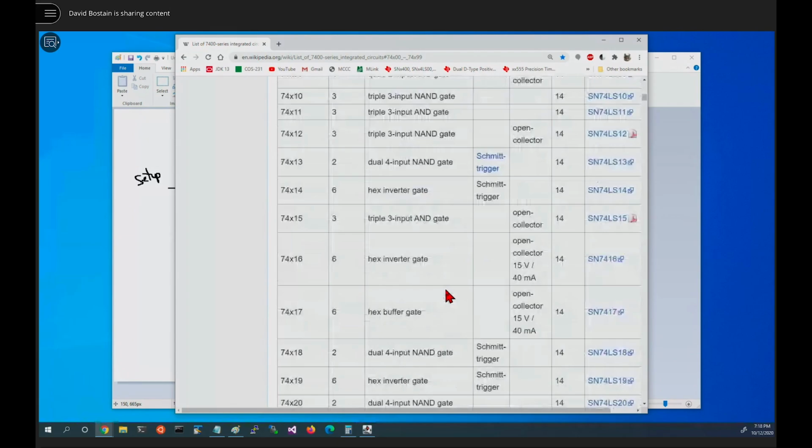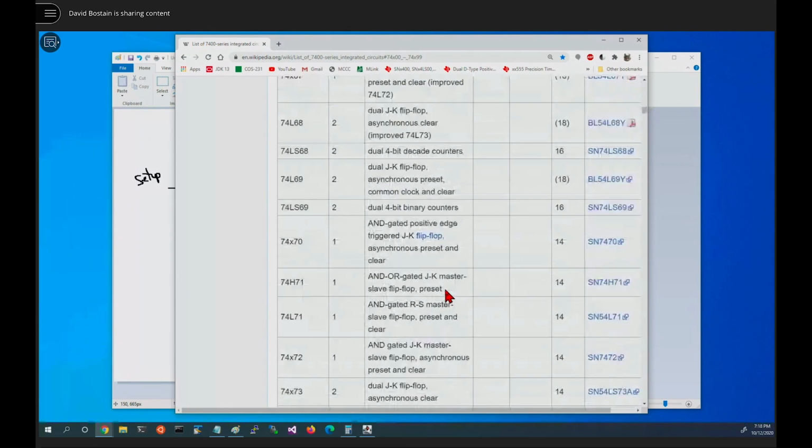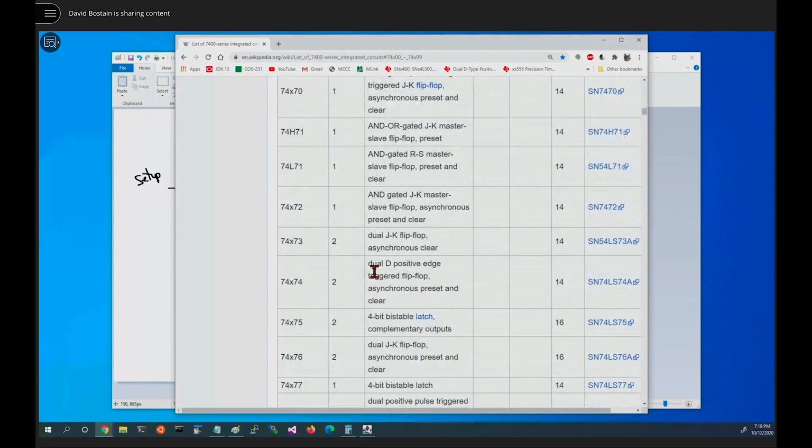So this is here. So we could go and say, okay, what the heck is a 7474? Because we just looked at the data sheet for it. And we'd see that it's a dual, meaning there's 2 of them in there. D, it's a positive edge triggered flip-flop. So we know everything we need to know about the clocking. We also see that it has an asynchronous preset and clear. So that tells us a lot.